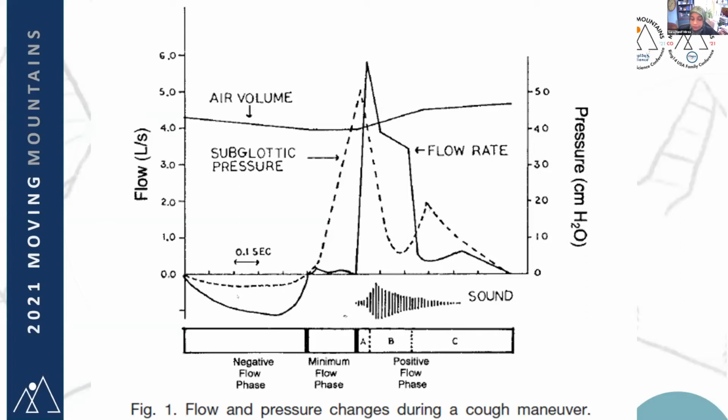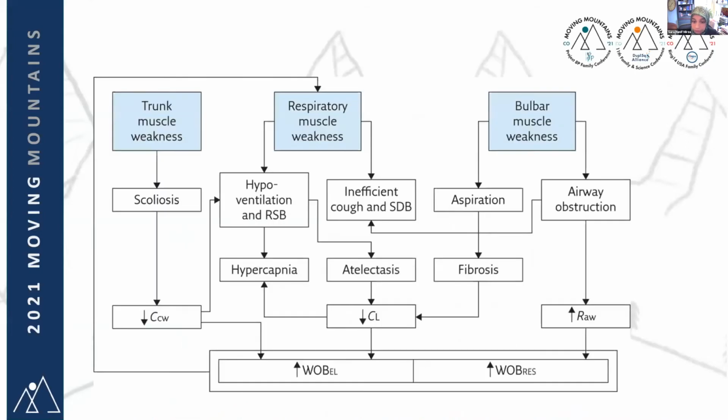This all stems from the reduced capacity to fill the lungs, and hence the reduced capacity to expel enough air to generate that forward flow. So, muscle weakness, trunk muscles or bulbar muscles. We're going to go along this algorithm, and respiratory muscle weakness is all linked to hypoventilation as well as sleep disordered breathing, and that can ultimately lead to some resting hypercapnia.